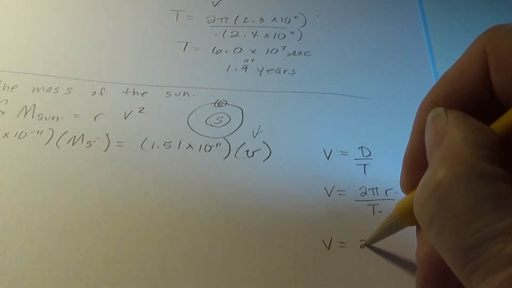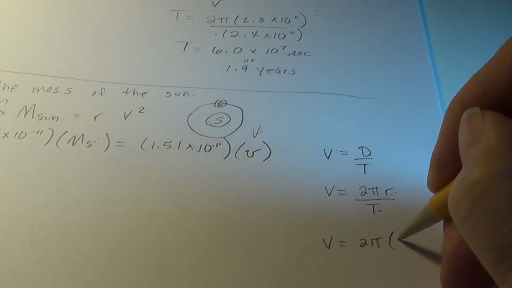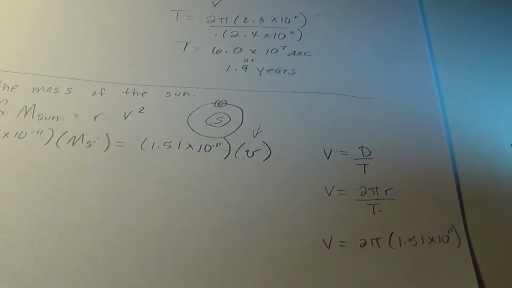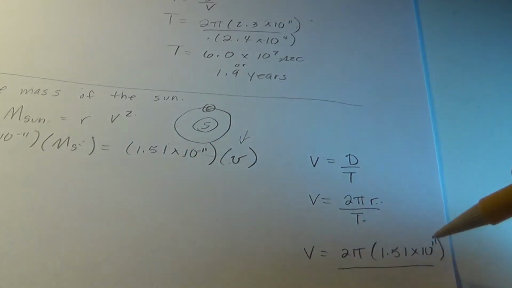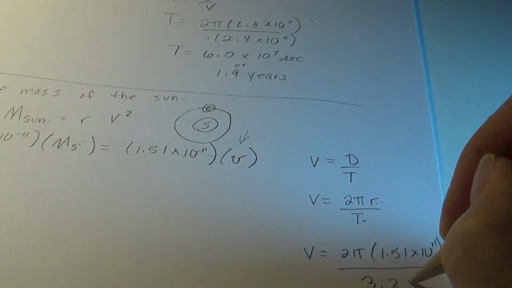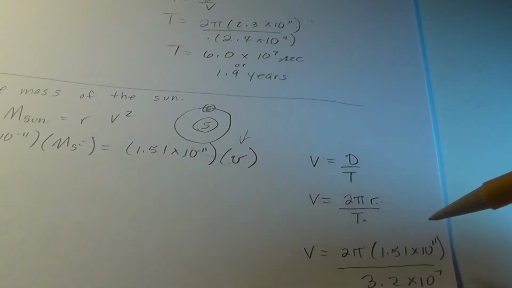So I have velocity is 2 pi times r, the radius of the Earth's trip around the sun, 1.51 times 10 to the 11th, divided by time. It takes the Earth 3.2 times 10 to the 7th seconds to go around the sun.